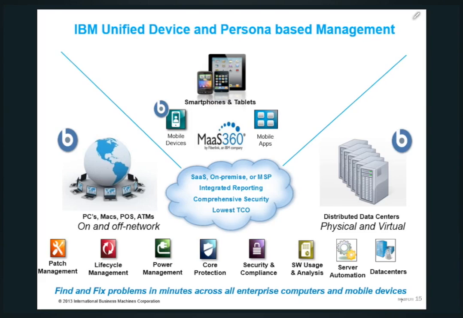When we look at our cloud-based solution with our mobility, we're tying that into our on-prem IBM Endpoint Manager, which handles lots of different modules. We're going to talk about mostly patch management and lifecycle today, but I want to go over the capabilities so you are aware of how this technology works. Looking at the bottom as far as solution sets, patch management is pretty much our number one seller.